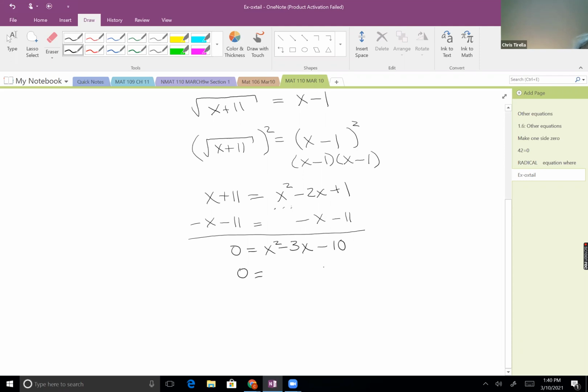But I think this one's a pretty easy factor. x squared is x times x. 10 is 5 times 2. Because it's a -10, my signs are different. And so if I make it -5 and plus 2, I should get that -3 in the middle when I multiply back out.